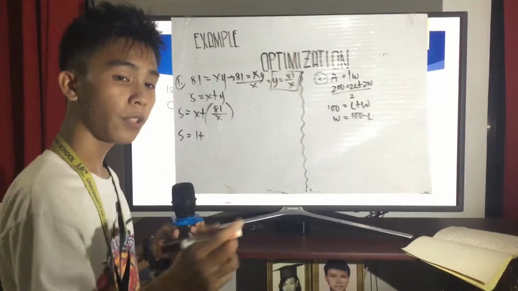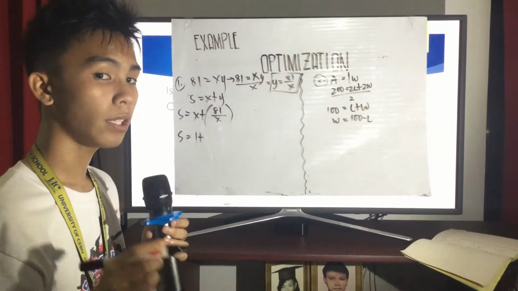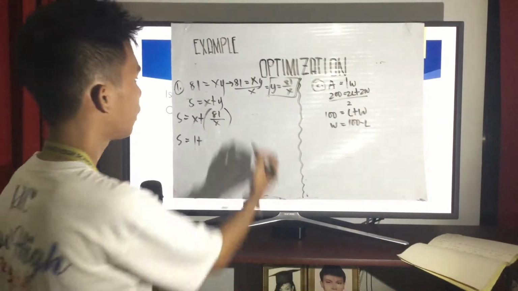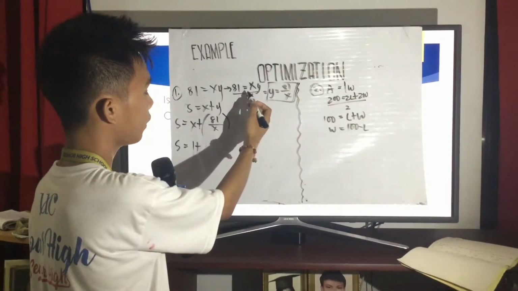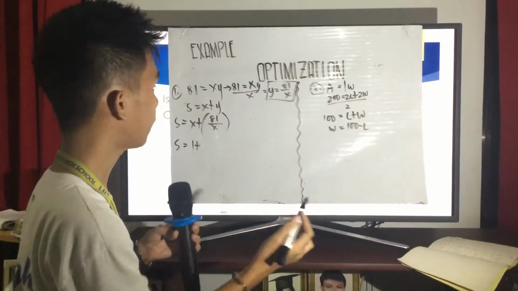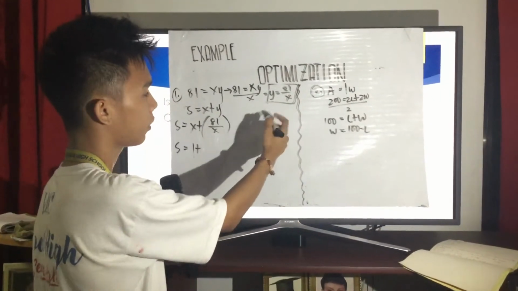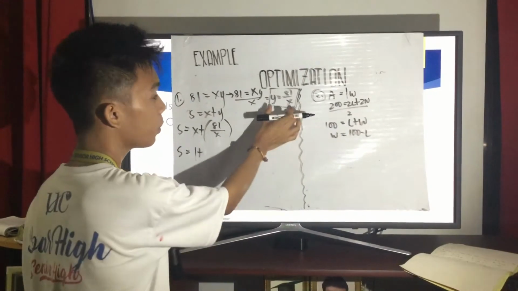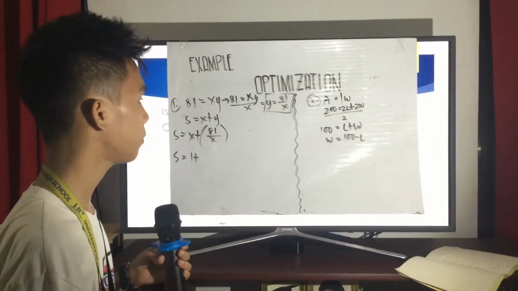So the first step is that we will find the value of one variable. For me, I will find the value of y. So we have here our reference function, 81 is equal to xy. To find the value of y, we will divide both sides by x. So y is equal to 81 over x. So we are done getting the value of our y variable.